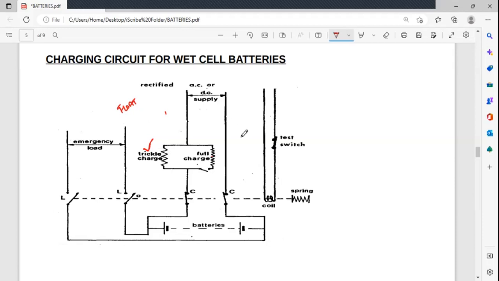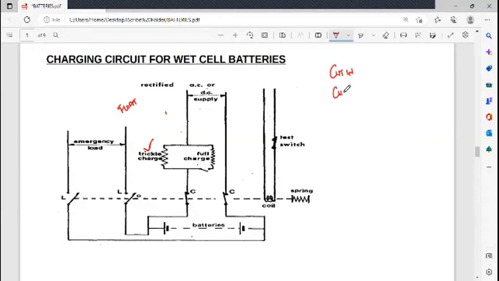What is float charge then? Now in your charging circuit, in your battery charge and discharge panel, it's an electronics unit over there. In the charging process, you will be having a certain cut in and cut off point. And what did we see? That it should not go plus or minus 12% of the rated voltage.